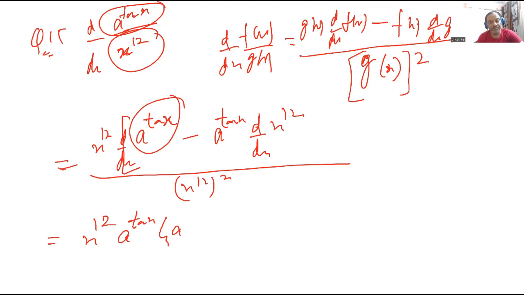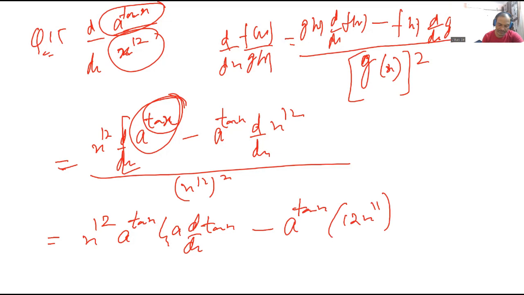Whereas this is x, and 10x is not equal to x. Therefore, we have to differentiate the 10x also. Now, if we differentiate this 10x, I have to write this down. This is d by dx of 10x. And minus a raised to power 10x, and this is d by dx of x raised to power 12. And this x raised to power 12 will give you simply 12x raised to power 11. In the denominator, you will be having x raised to power 24.